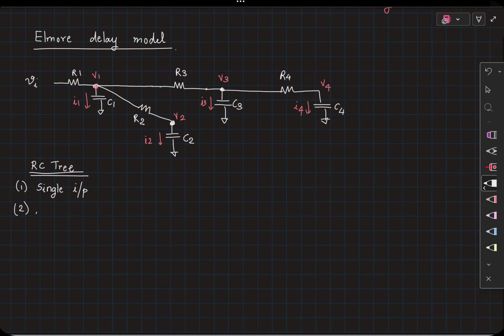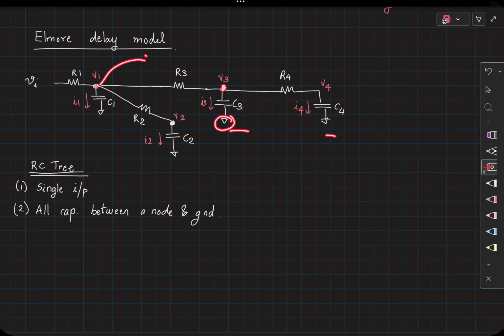Second, all the capacitors in your RC tree should be between a node and ground. You can see that all of your capacitances C1, C2, C3 and C4 are between some node and the ground. You don't have a capacitor connecting between two nodes other than ground in your network.